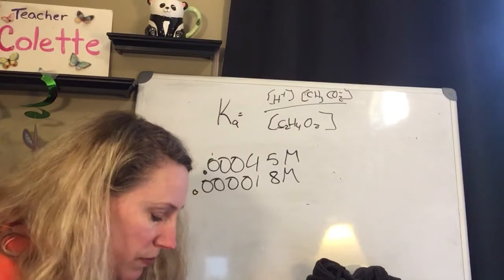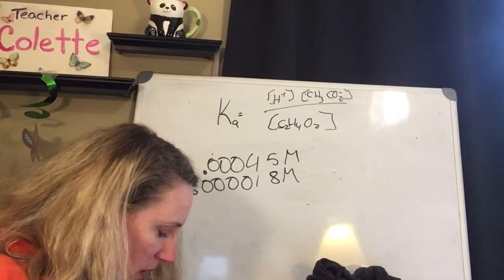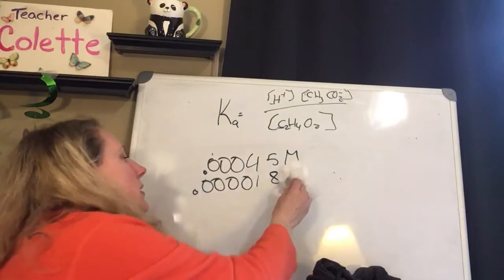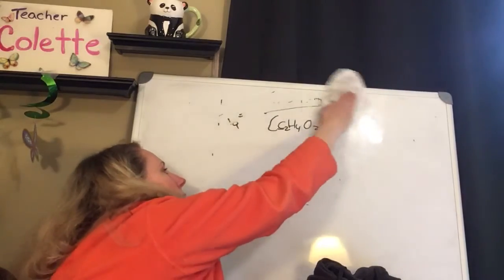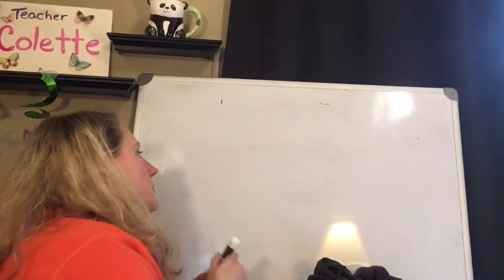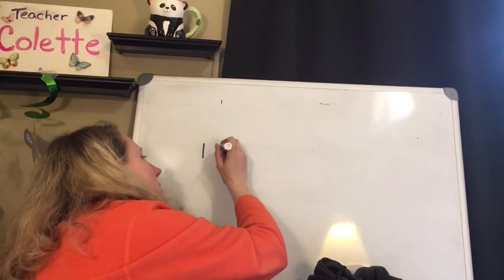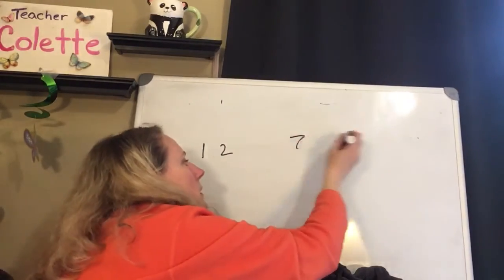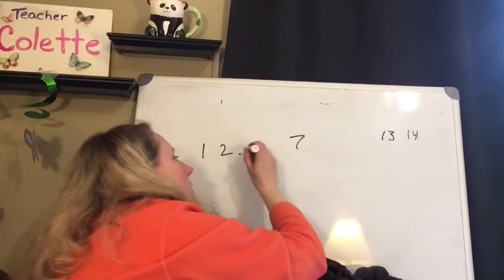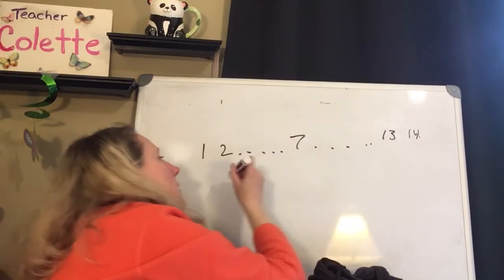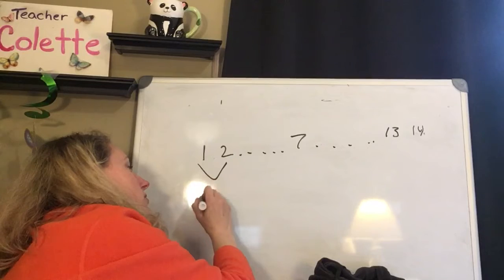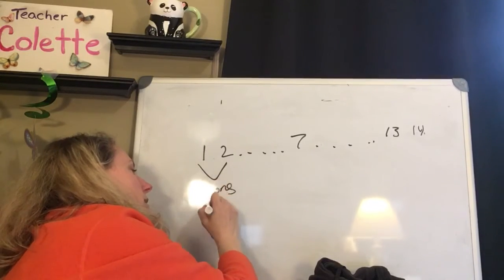Also, you need to know the pH scale. So on page 516, the pH is on a scale of 0 to 14. Anything that has a pH of 1 or 2 is a very strong acid.